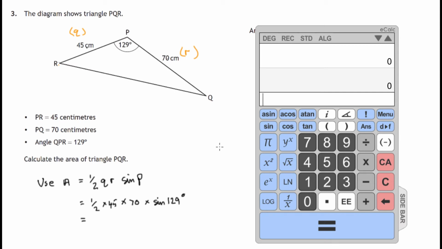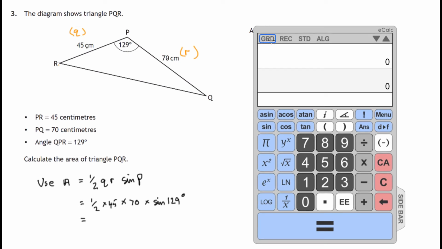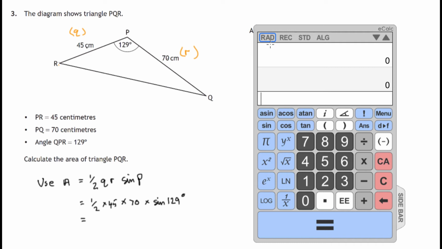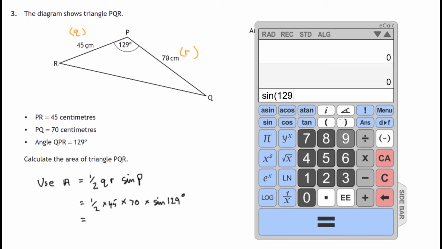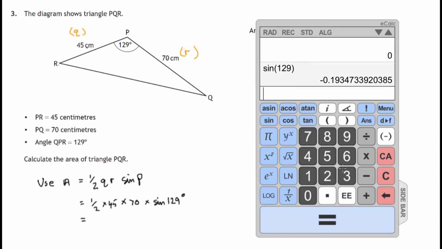However, before I do that, you'll know your calculator, and you must make sure it's in degree mode. Mine's in degree mode, but there are other modes. If you had a GRD showing or an RAD showing, let's look at this sine 129. If I do sine of 129 when it's not in degree mode, there's my answer.